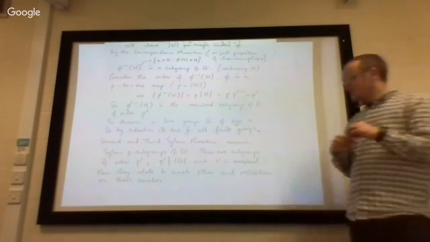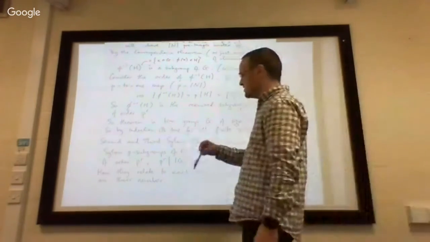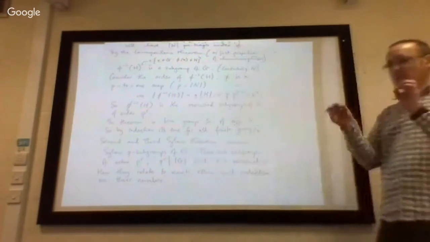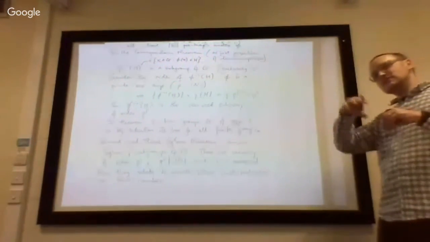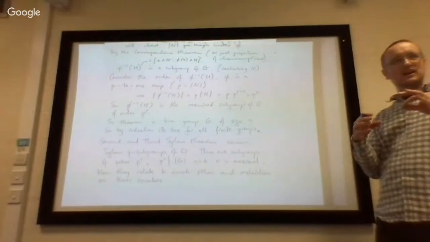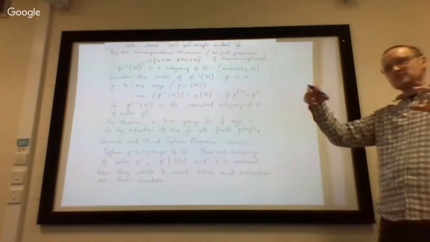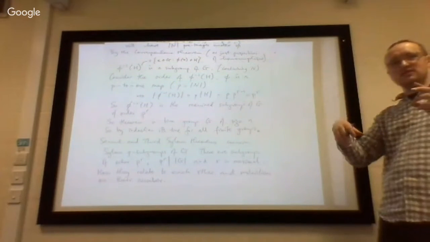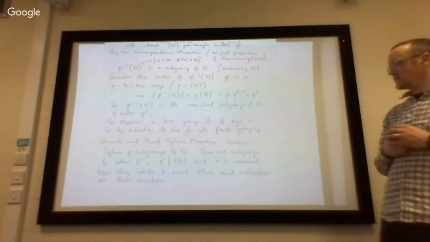So not only moving the elements of G around by conjugating by elements of G, but now moving subgroups around. That will allow us to tackle the relationships of these different subgroups to each other through the operation of conjugation.